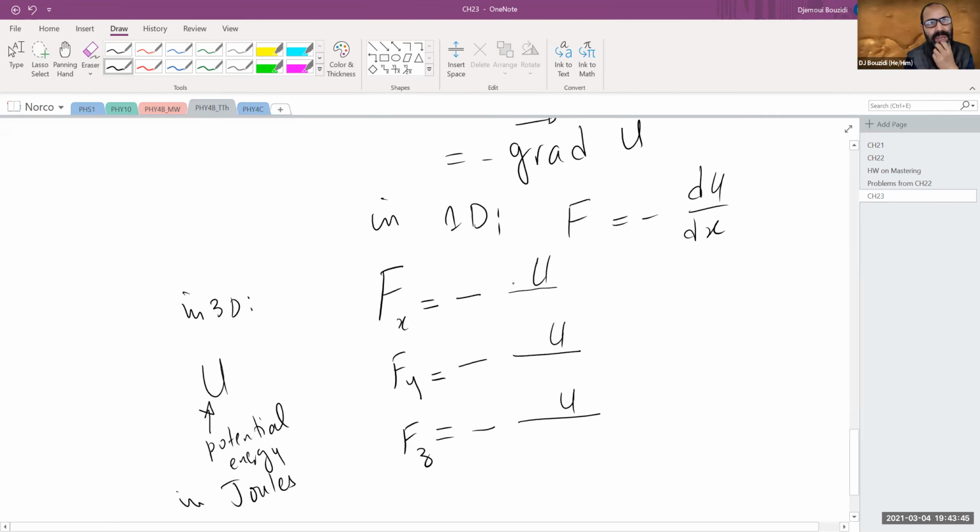So I have some derivative of a function U that does not depend on a single variable. It will depend on a single variable if we're doing a one-dimensional problem, like for example a spring in the horizontal direction, how much compression or elongation of the spring, or the weight, how high we are. But this thing could depend on both x and y, and actually z too. There is no reason for it not to depend on all three variables. Okay.